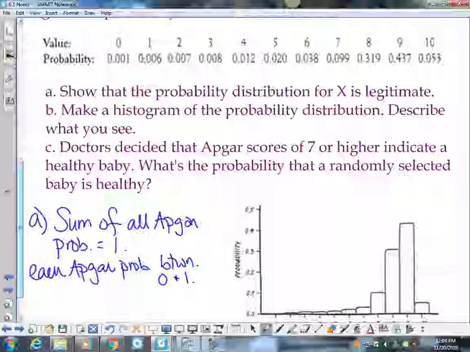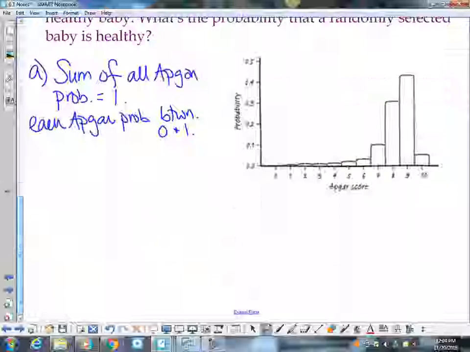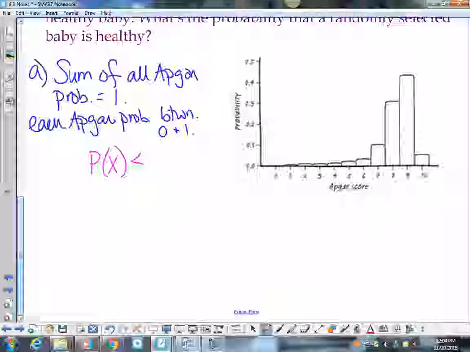All right, watch me statify this. The probability of each Apgar score is between 0 and 1. Do y'all see it? They would much rather have stats than English. No, that's for this guy.